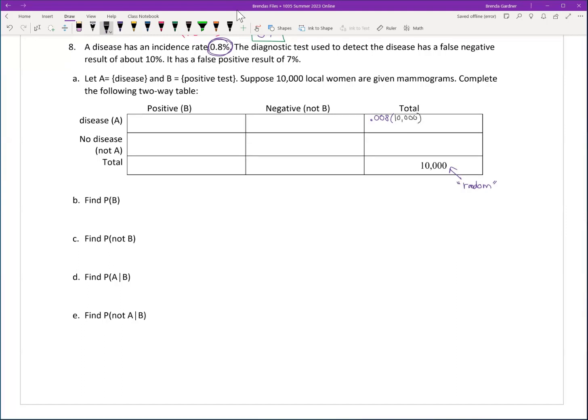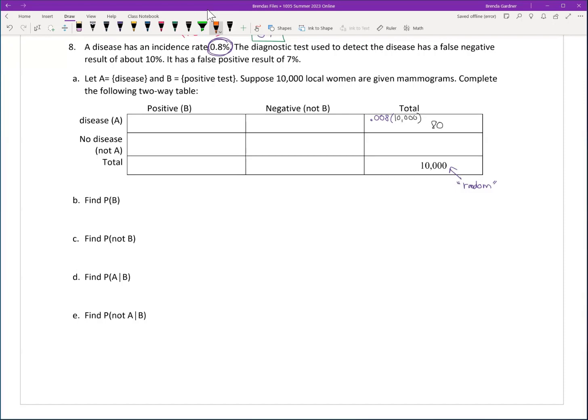So we take 0.008 times 10,000, and that gives me 80. So 80 out of 10,000 people will likely have this disease. Let's jump to our next percent and see what to do with that.